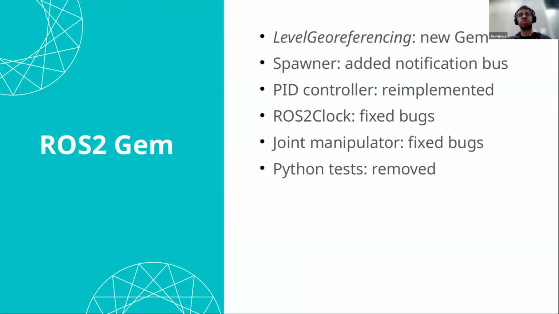We also did some small changes like adding a notification bus to the spawner, re-implementing the PID controller, and fixing bugs in the ROS 2 clock and joint manipulator. The important part is also that we removed the Python tests that were not working anyway but were still in the code base. So this is already cleaned.